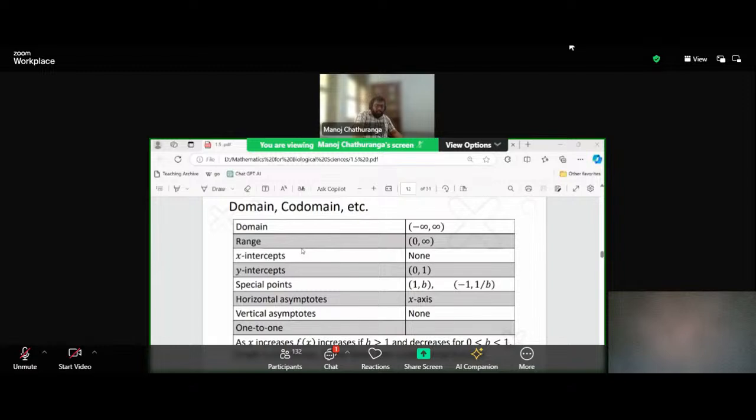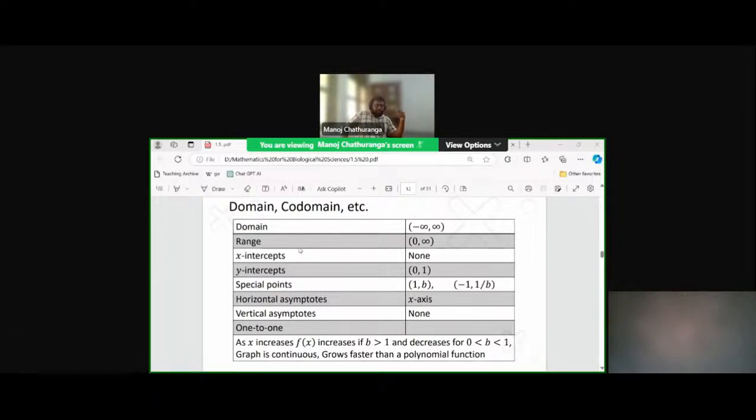Then range. Range is set of all possible outcomes, set of all possible y values. If you go back to the graph, we get only positive y values, not negative y values, not even zero.